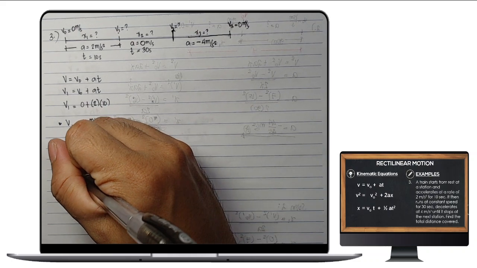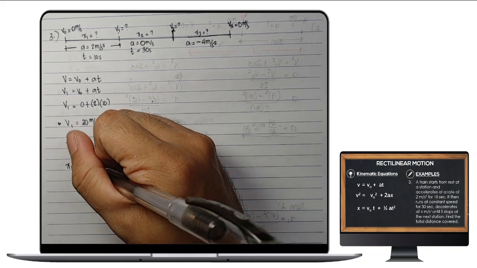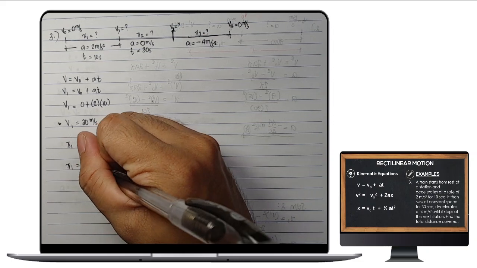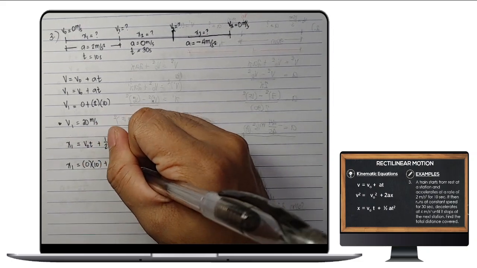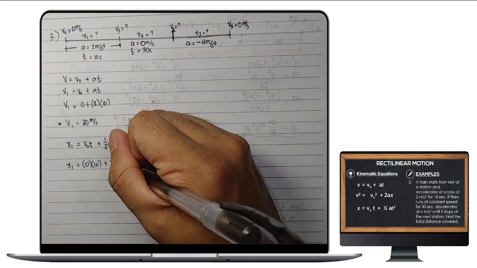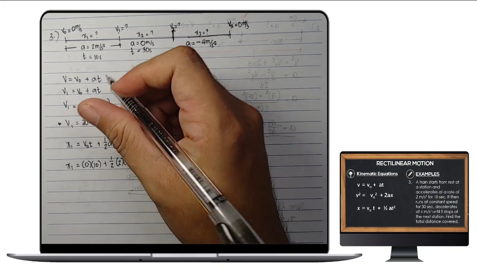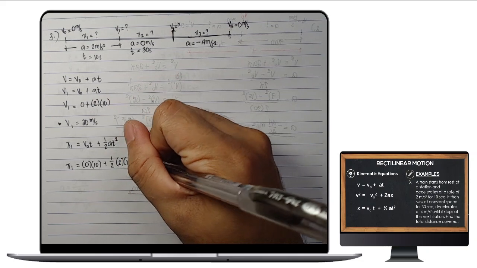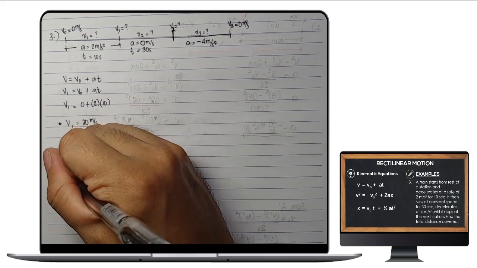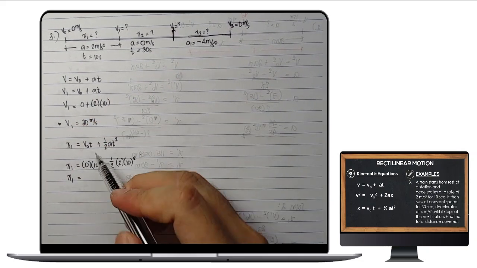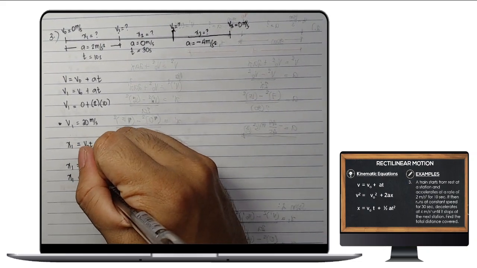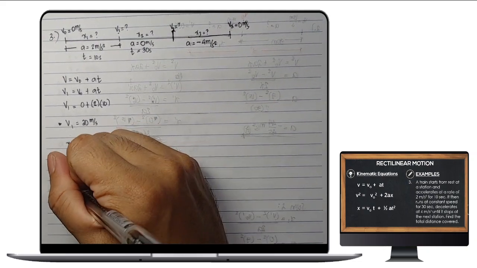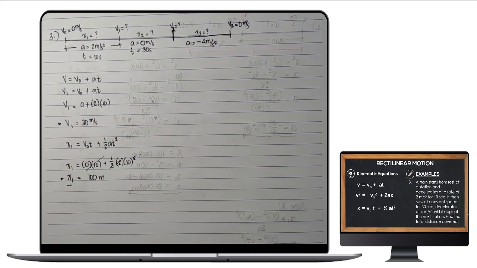Substituting, x sub 1 is equal to vo, that is 0, times time, which is 10, plus 1/2 times acceleration, which is 2, and time natin is 10 squared. So this will be cancelled out. 10 squared is simply 100. So yung x sub 1 natin is 100 meters.